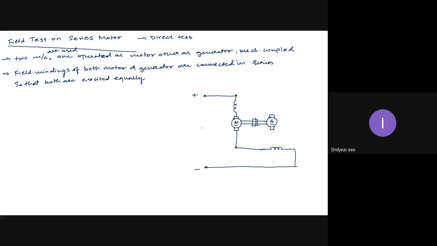So this is the supply voltage V. And the output of generator, because generator generates electrical output, is connected across the load RL.